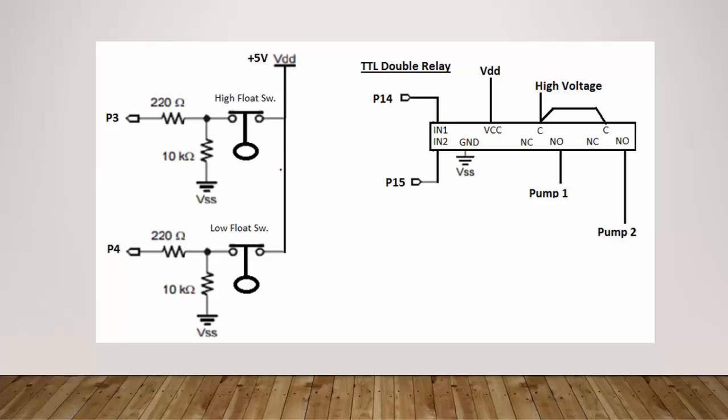And we have, same as before, 5 volts going to each float, which is normally closed. The only difference is, now instead of one input from P14, we have two inputs. We have P14 and P15 going to the dual relay, or the double relay.